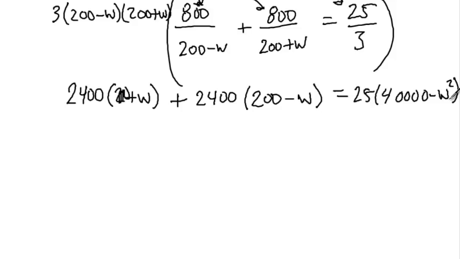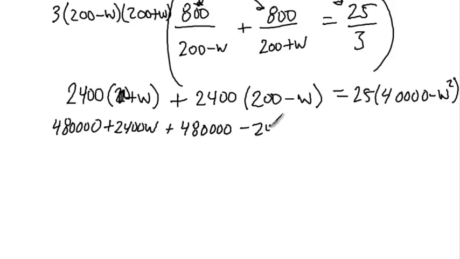Now if we distribute 2400 times 200, it's going to be 48 with 4 zeros, so 480,000 plus 2400W plus, gotta distribute, 48 with 4 zeros, 480,000, minus 2400W equals 25 times 40,000.